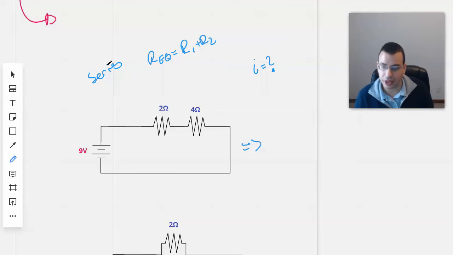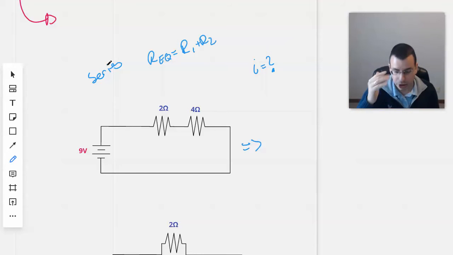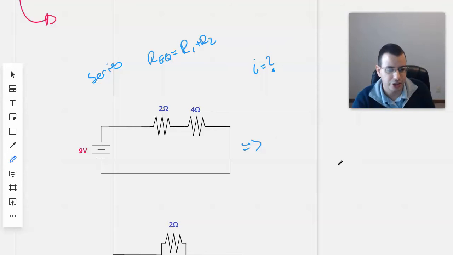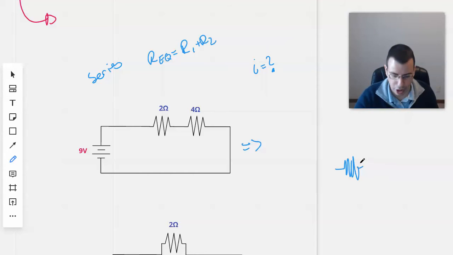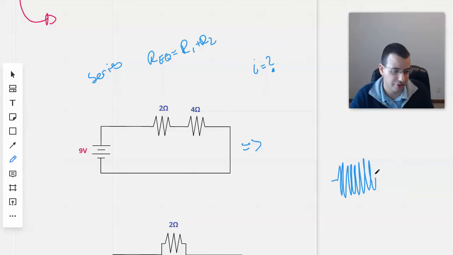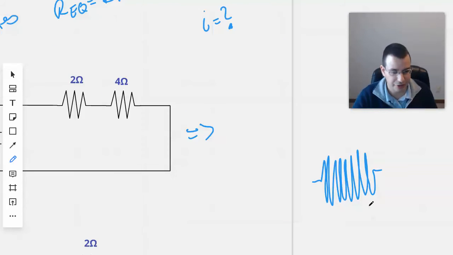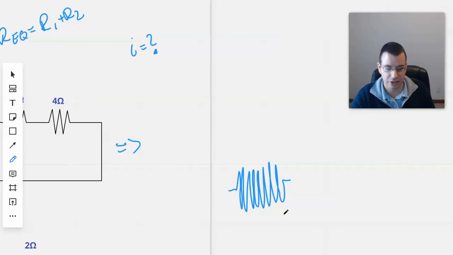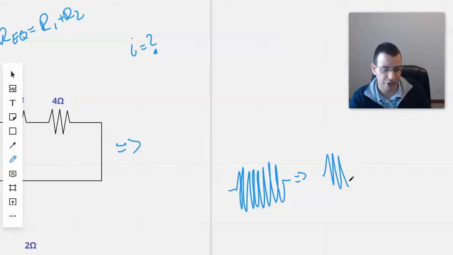And the way that I remember that is a resistor is just a coil of wire that doesn't conduct electricity very well. And so you can have something like this as a big coil of wire, and you can just divide it into 2 portions.